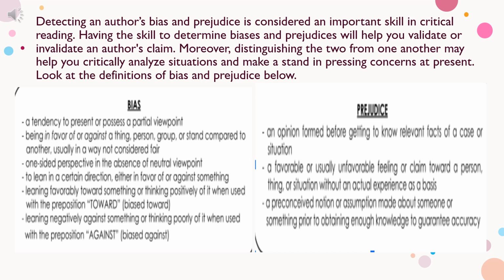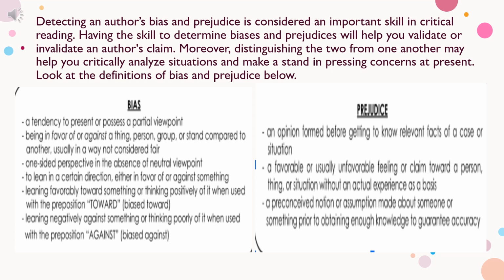Let's start with the word bias. Whenever we say bias, it's a tendency to present or possess a partial viewpoint, being in favor of or against a thing, person, group, or stand compared to another, usually in a way not considered fair. It is your one-sided perspective in the absence of a neutral viewpoint.